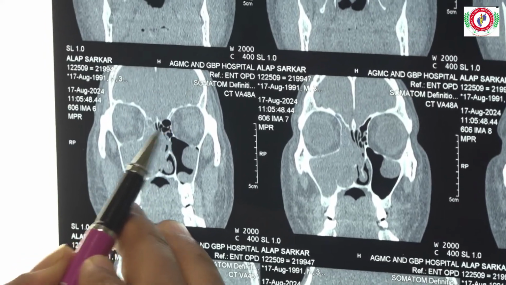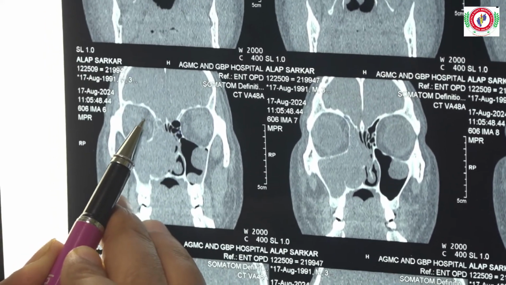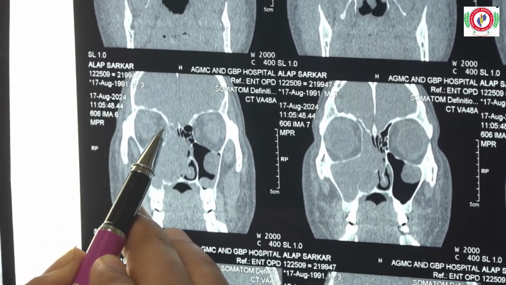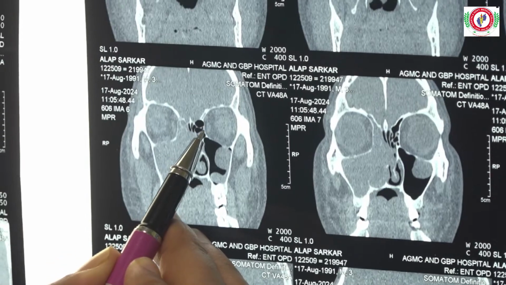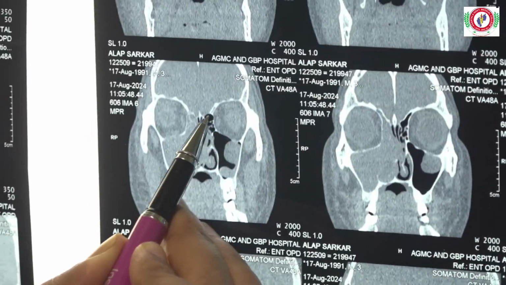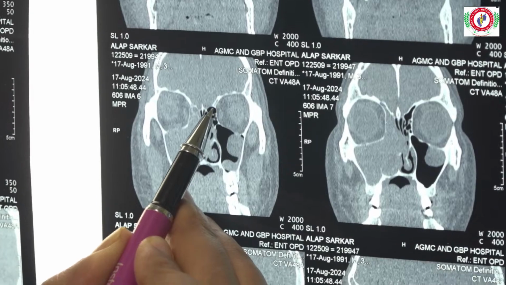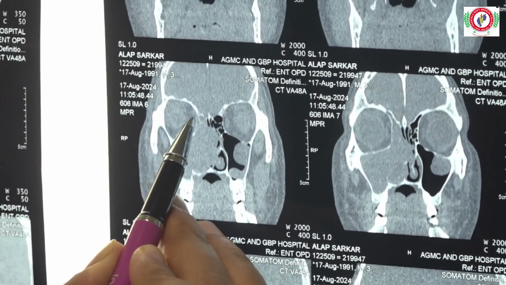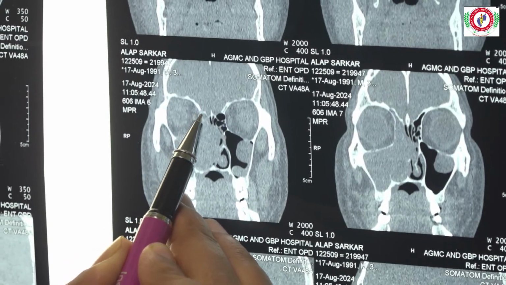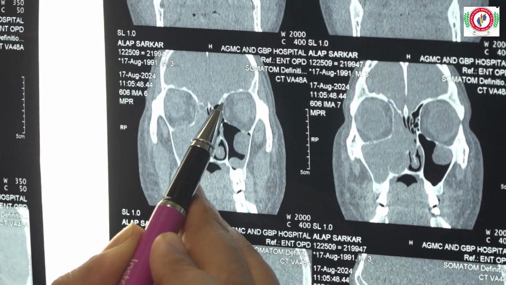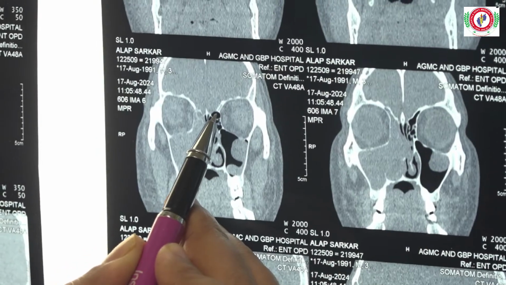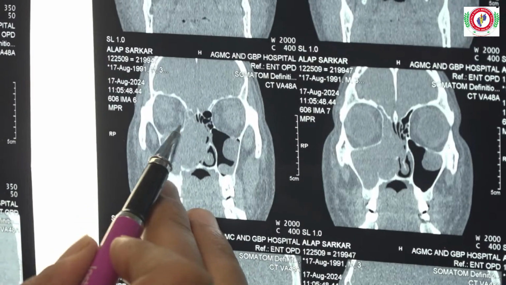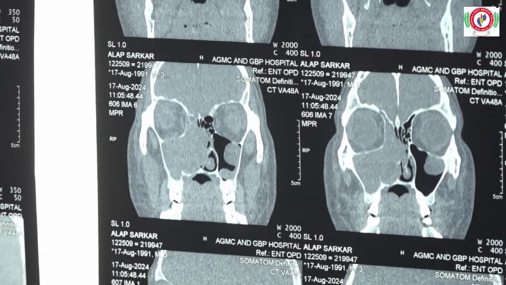And one more very important thing in this cut: you see the orbit on the right side and on the left side. Not very clear, but that is your medial rectus muscle on both sides, and this one is your superior oblique muscle. They are very closely related. And you see how this beak is forming here, on both sides. Can you see this one?